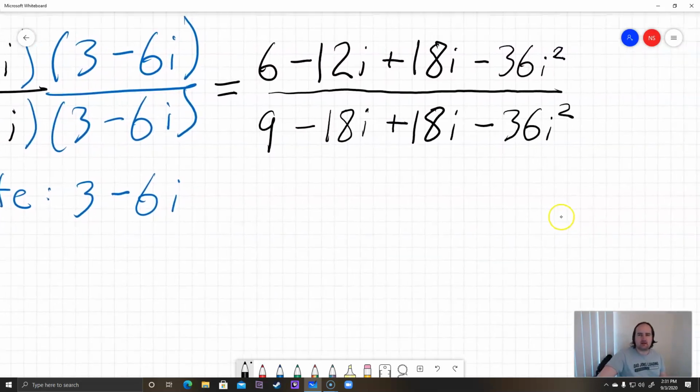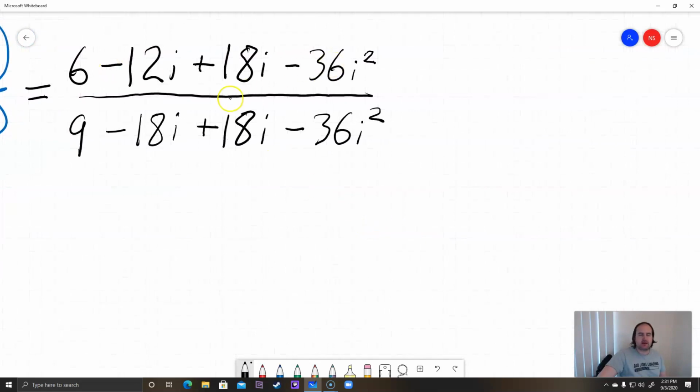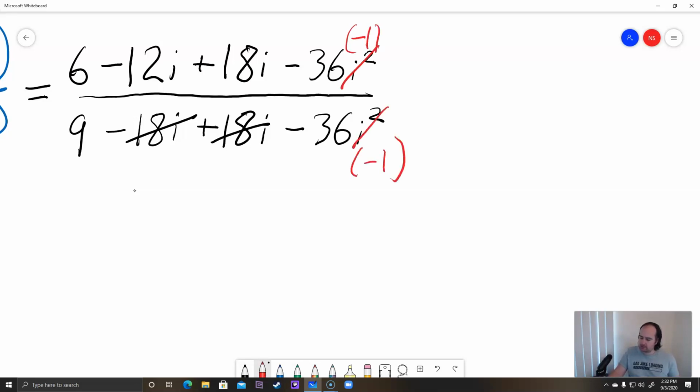Now that we've done all that, we can simplify everything. On the bottom, combining like terms, the negative 18i and the positive 18i just cancel out because they're opposite signs. And both of our i squareds become negative 1.